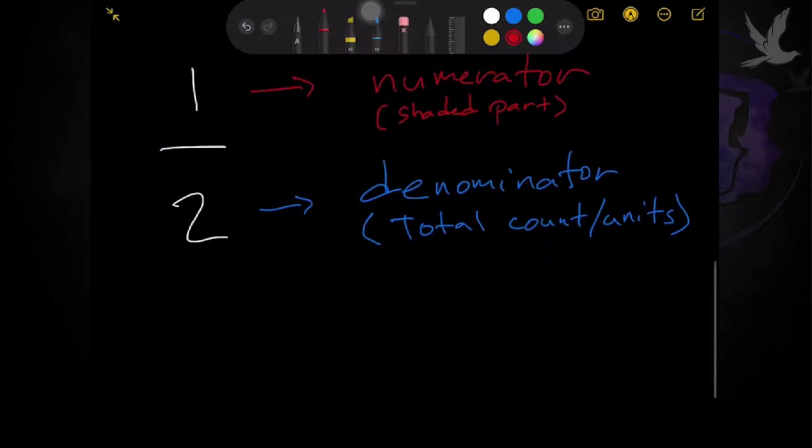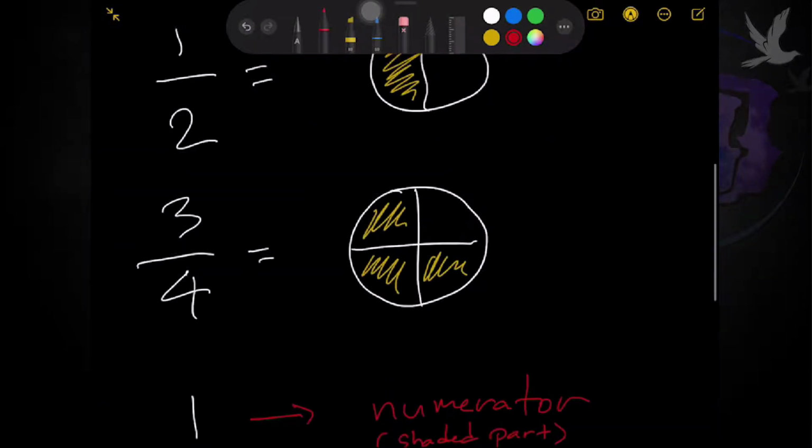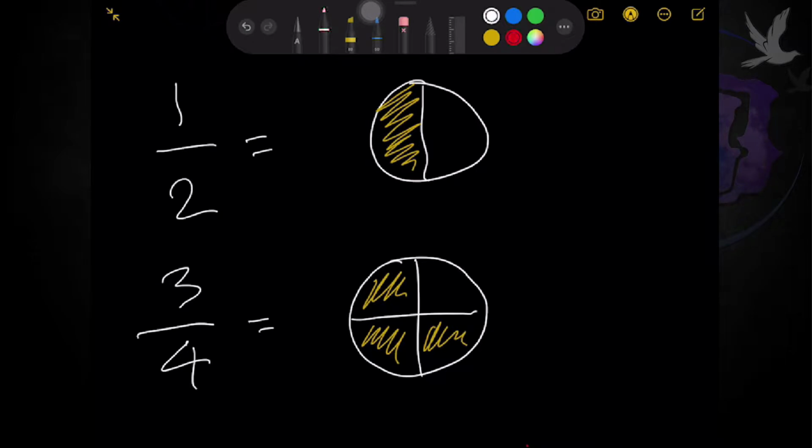There are cases where a figure, by the way, is not just a circle. It can also be expressed as any shape basically. So let's say you have a square. Let's say you have a rectangle.